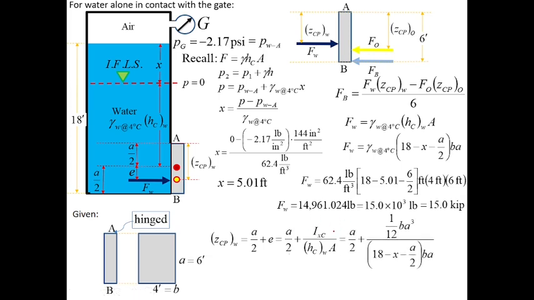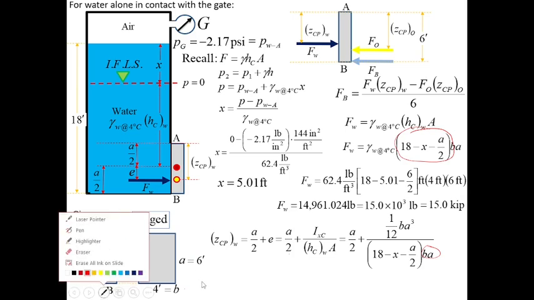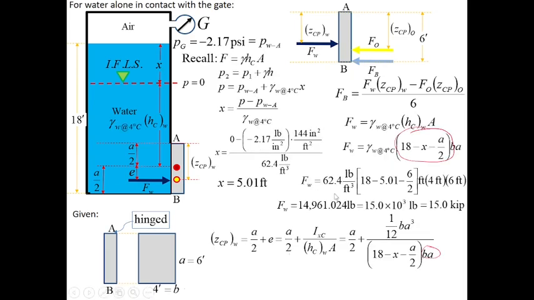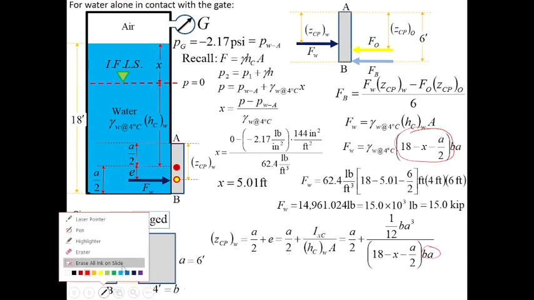The moment of inertia of the rectangular gate, no, of this area, this surface, is 1 over 12 BA cubed. Okay? And then HCW, that is 18 minus X minus A over 2. This one. Then the area of the gate is BA. Base times the height, no? Or length times the width, or width times the length.